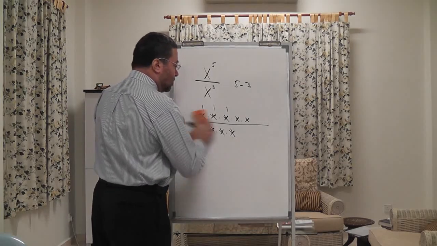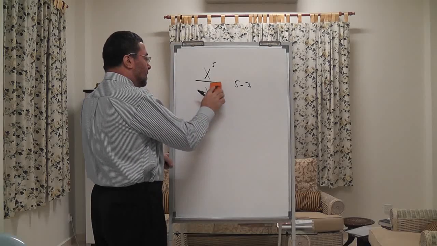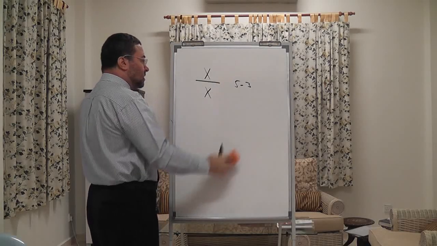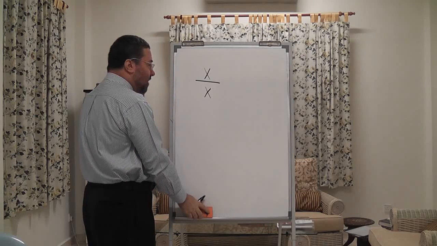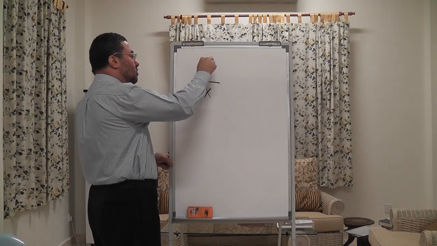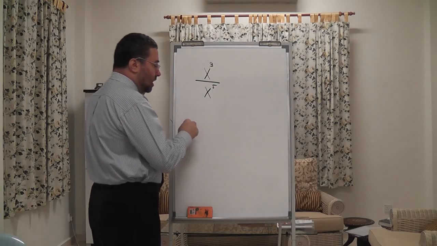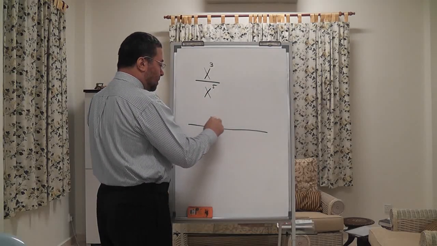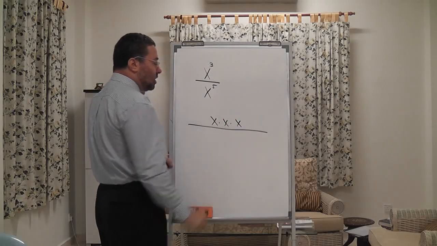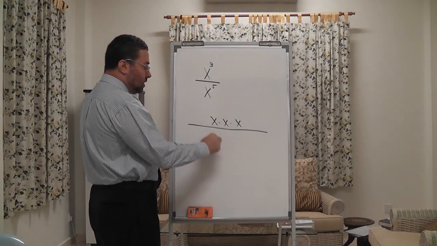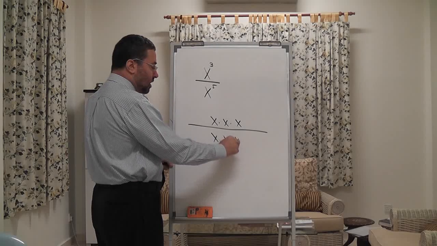Now the third situation is similar to this, but in reverse. Here the power in the numerator is less than the power in the denominator, and we are going to expand this again. So now in the numerator we have x cubed, denominator we have x to the 5.